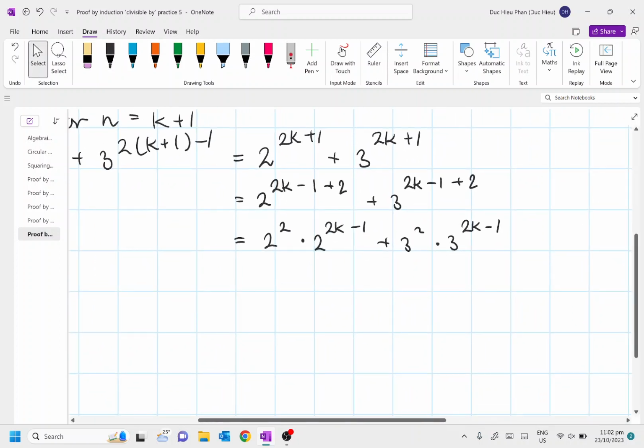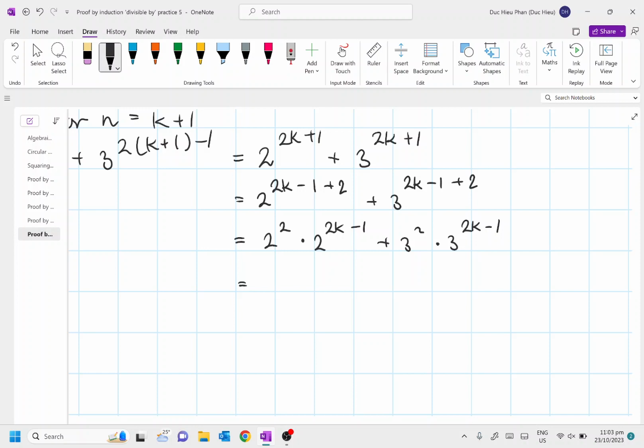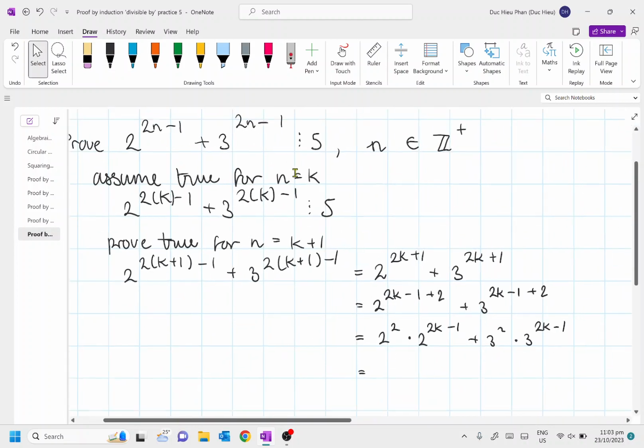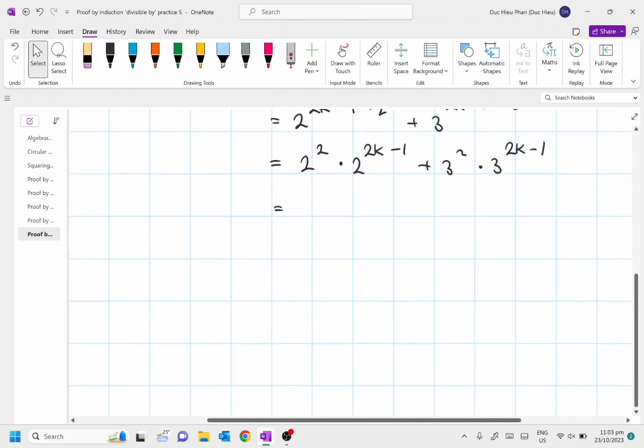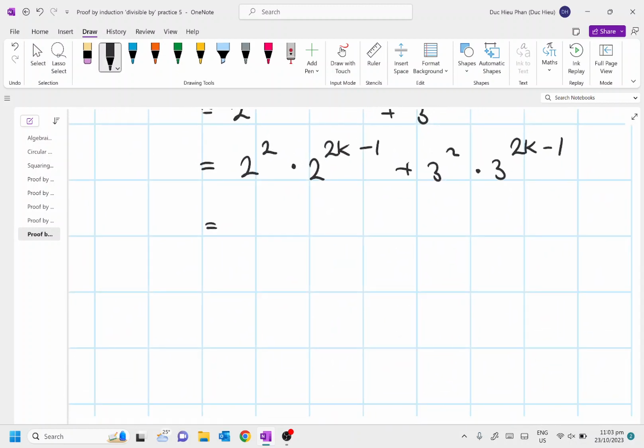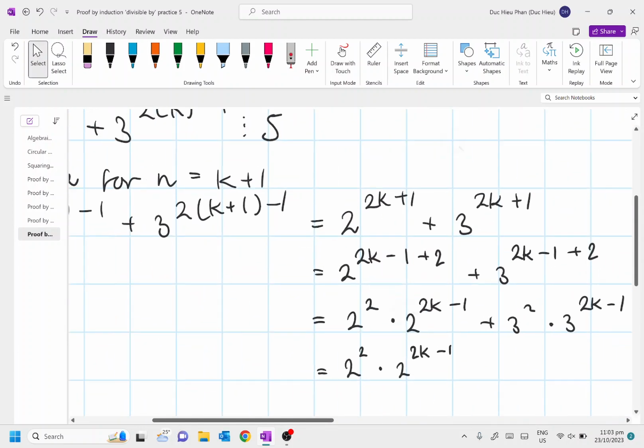And again, here we need to add the 0. So let's start with the 2 first. We need to add a 3 to the power of 2k minus 1, and we need the coefficient of 2 squared. Let me just rewrite this. Is it add or is it subtract? Yep, you need to add.